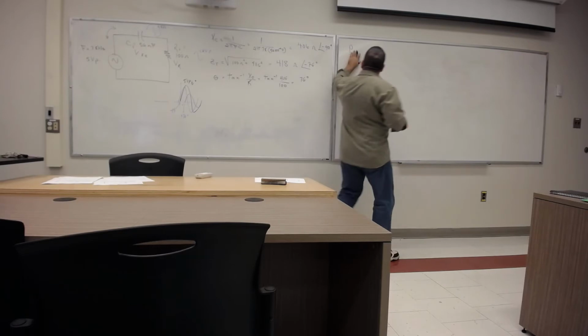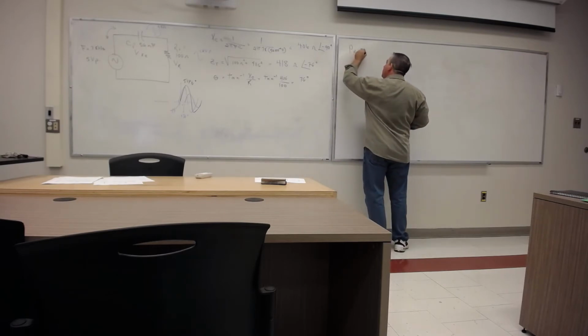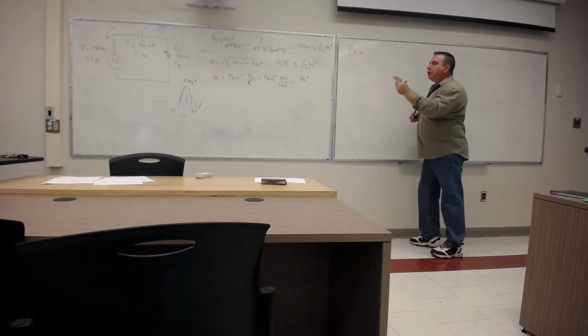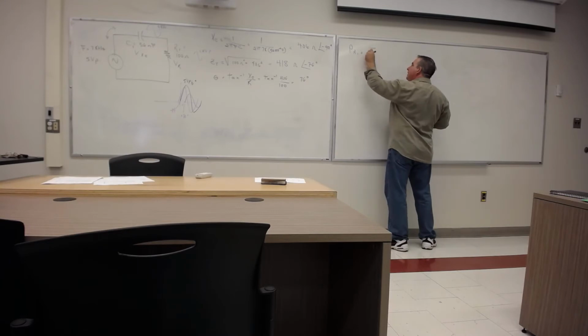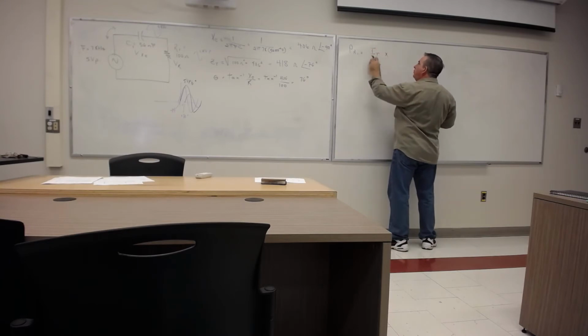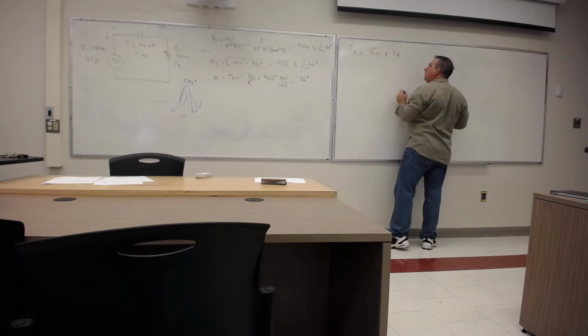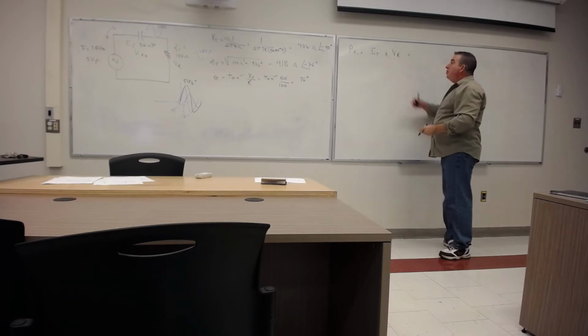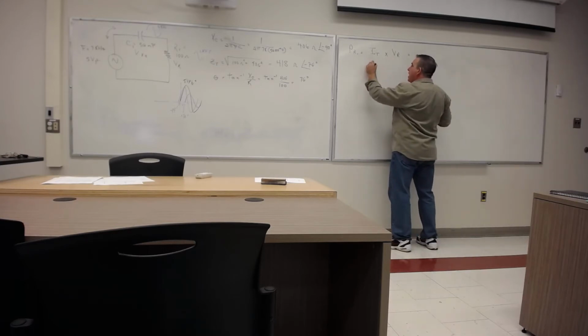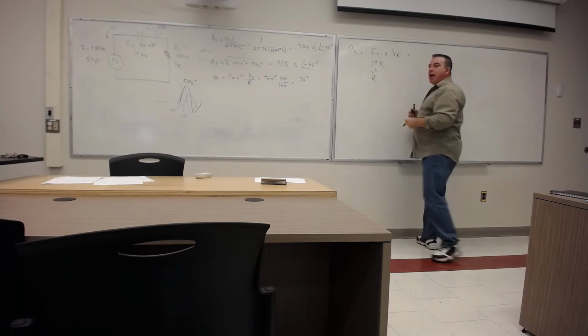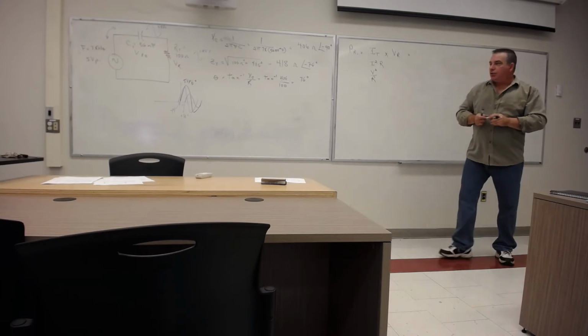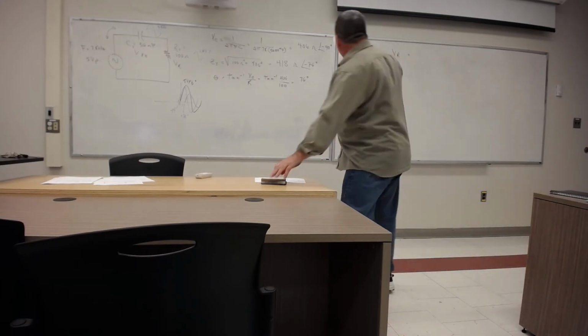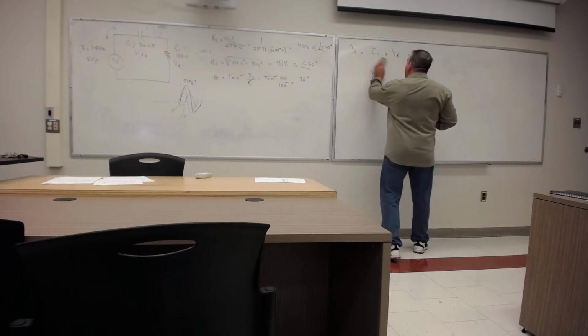So power on R1: I'm just going to take the current, IT, times the voltage on the resistor. If we wanted, we could use I squared R, or V squared over R. It doesn't matter, you use any formula you want, it's going to give you the same answer. I'm just going to use I times VR.